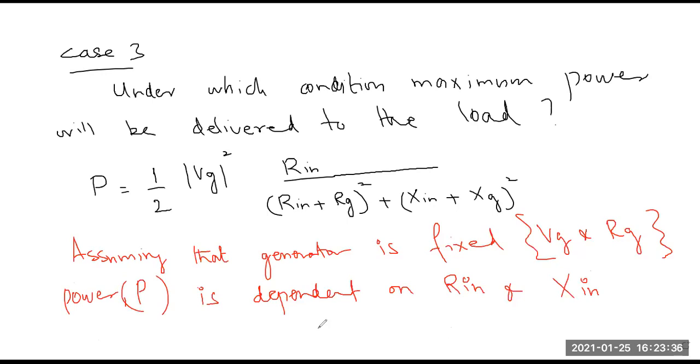So, in other words, I can say that power is a function of two parameters. It is a function of Rn and a function of Xn.